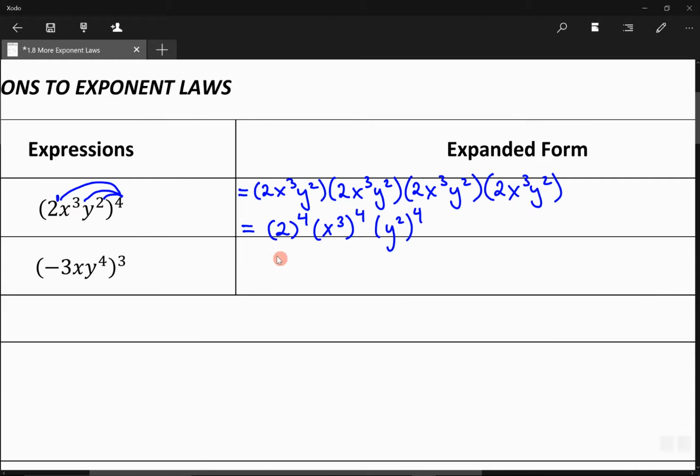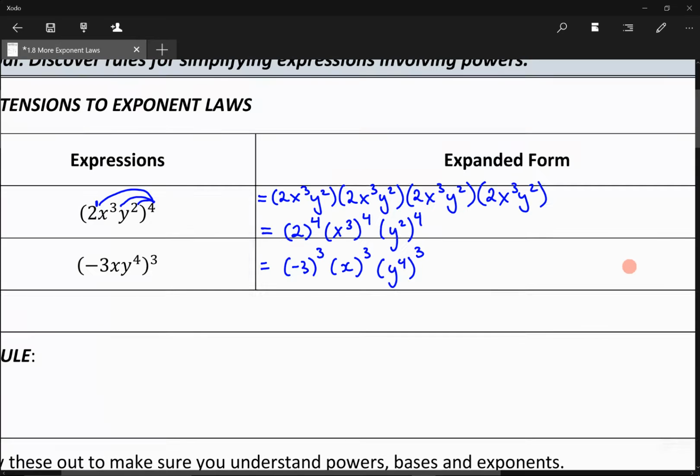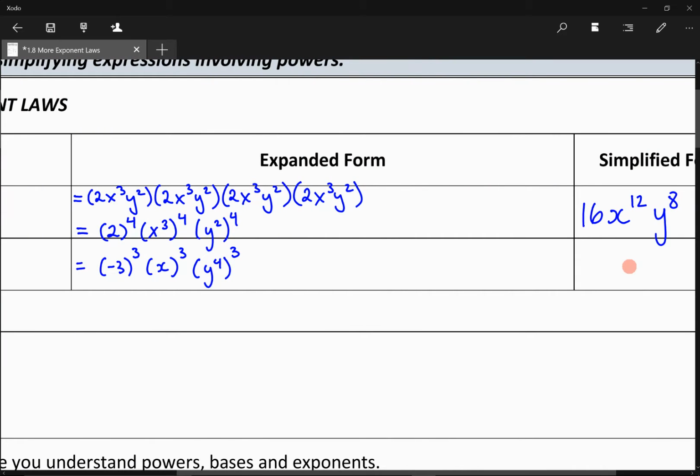Okay, so I can do the same thing for the next one. Here I'm going to have negative 3 to the power of 3, x to the power of 3, and here y to the power of 4 raised to the power of 3. If I simplify that, negative 3 times negative 3 times negative 3 is negative 27.